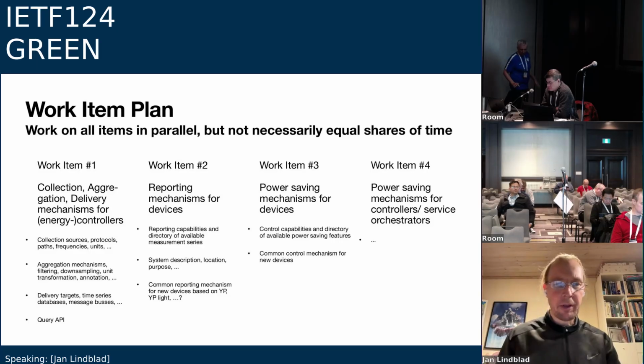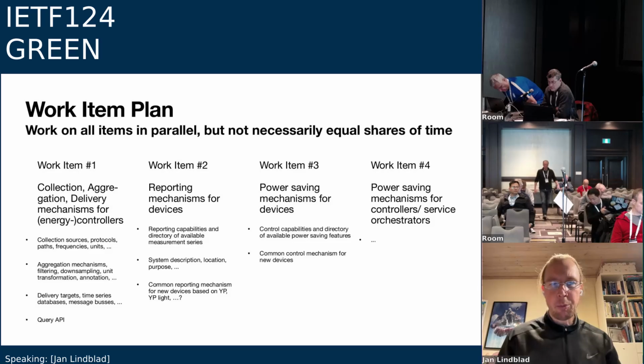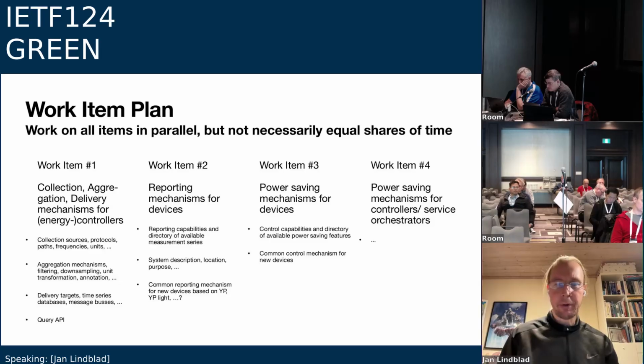And we have been discussing how much we should focus on each of these work items, but probably we will spend maybe 1/3 of the focus on work item 1, 1/3 on work item 2, and 1/3 on work item 3, according to the latest discussions, as far as I understand.